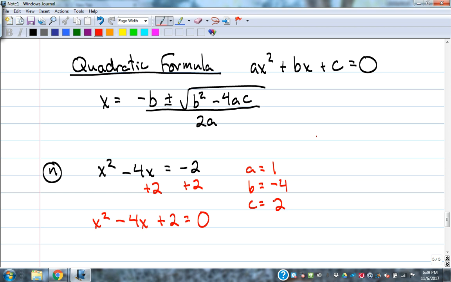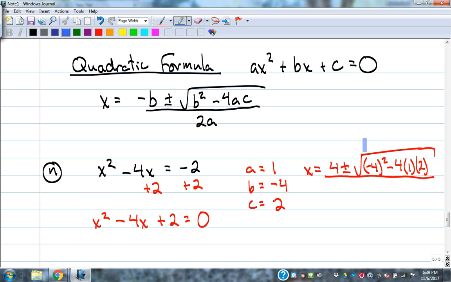Then I go to my quadratic formula and I plug that stuff in. x equals negative b, so that's the opposite of b, would be positive 4, plus or minus the square root of negative 4 squared minus 4 times a times c. Guys, this 4 right here is always there. That 4 is always there. Over 2 times a on the bottom.